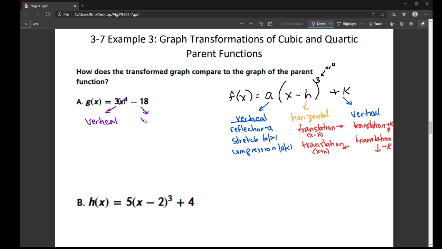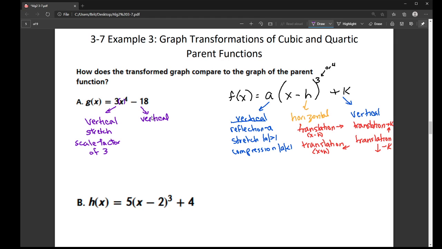This one's also vertical, if you're wondering. Now we look, is it negative? It's not negative, so you don't have a reflection. However, it's bigger than 1, so you're going to have a vertical stretch. And they say that it's by a scale factor of 3.